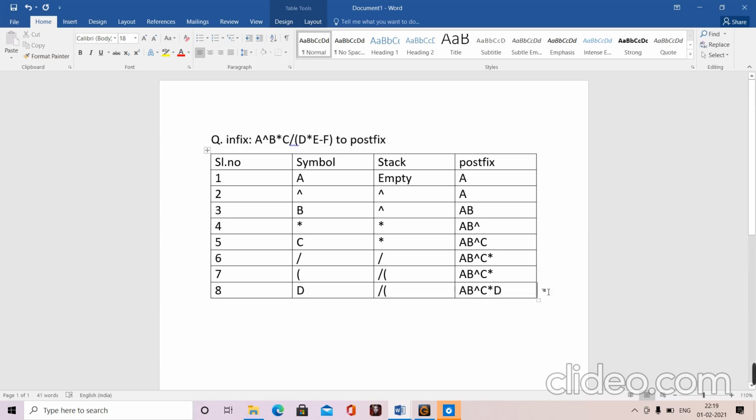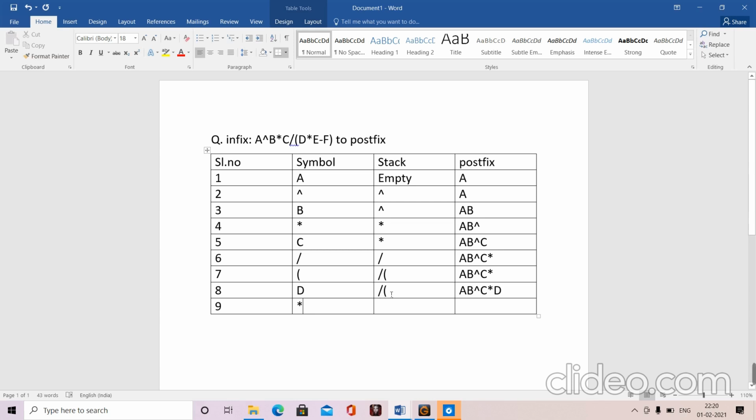All right, then in step number 9, we have the asterisk symbol. This multiplication symbol has arrived, and it will be compared with the top of the stack. We just have the left parenthesis. If there is no left parenthesis, then this multiplication and division will be compared.